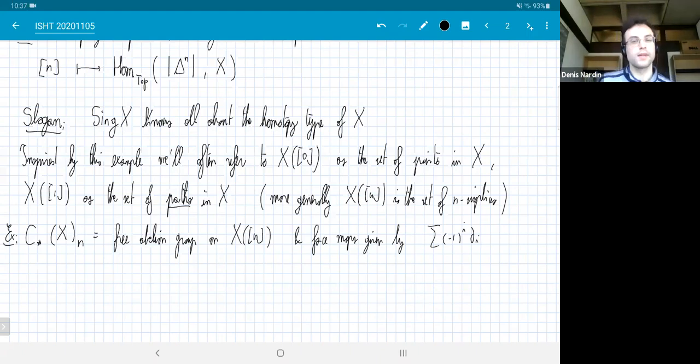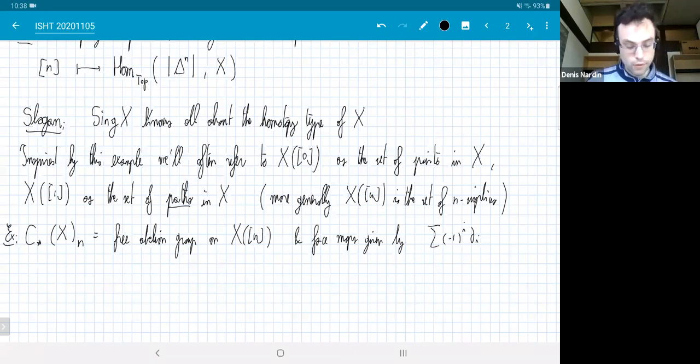This shouldn't be a surprising notion. And so X sees the homology, and then we'll see quickly how X sees also the homotopy, actually, or the higher homotopy. So Sing X really knows everything.